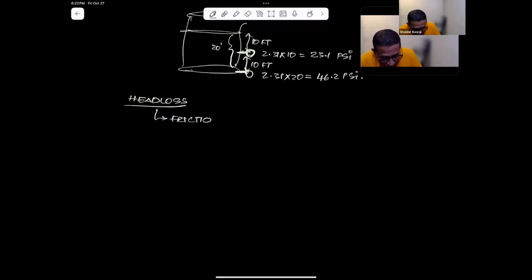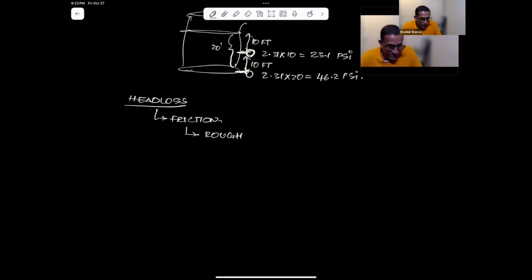And when we talk about friction, as the water is moving through the pipe, there is what is called a friction force that is exerted by the surface of the pipe on the water that is flowing through it. And this friction is normally a function of how rough the pipe is.